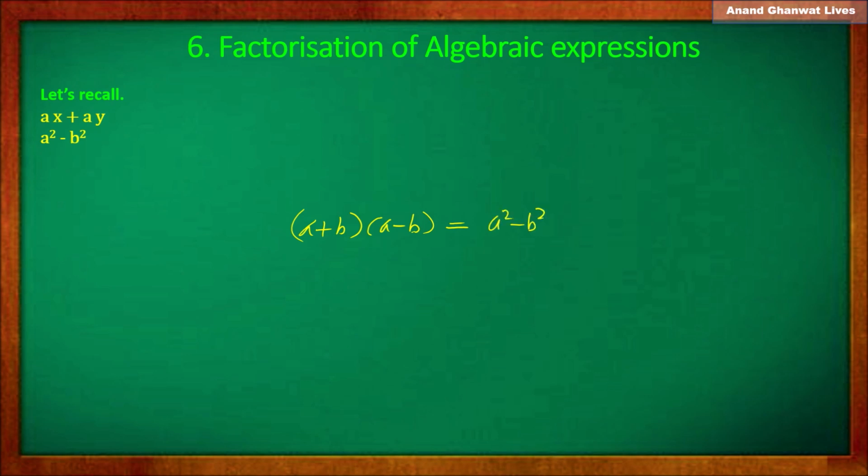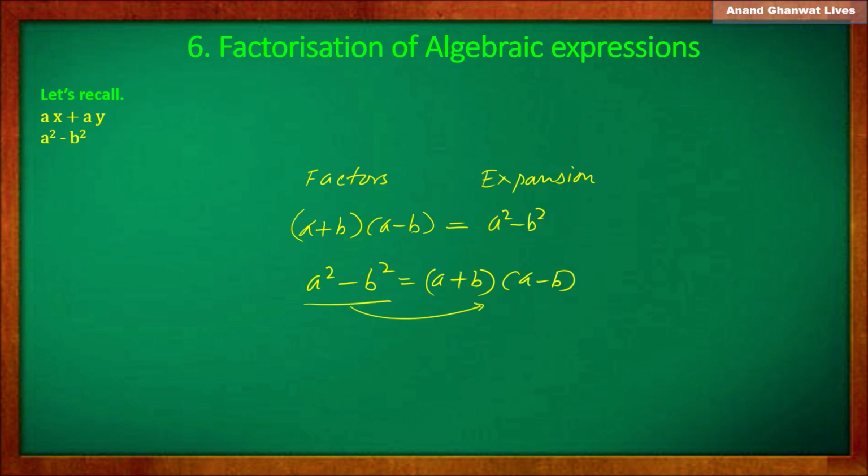Now a plus b into a minus b are the factors, and its expansion is a square minus b square. Now reversing the sides, a square minus b square is equal to a plus b into a minus b. So the factors of a square minus b square are a plus b into a minus b.